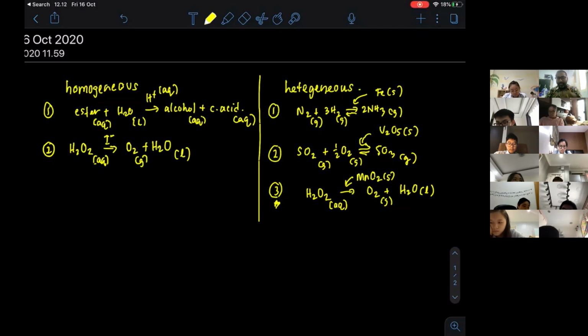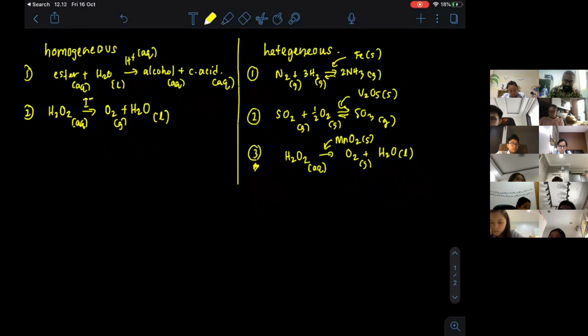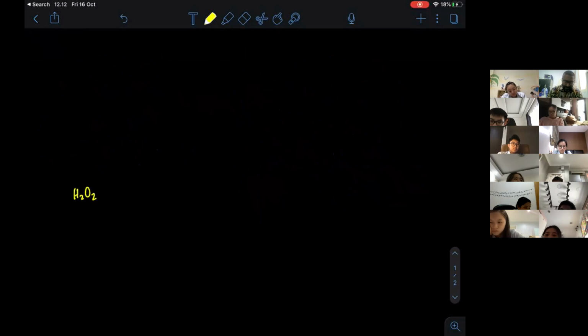But of course, if you want to write the full equation, you can do that like just now. If you have the H2O2, when it reacts with I minus, what's going to happen? You are going to get H2O plus IO minus.